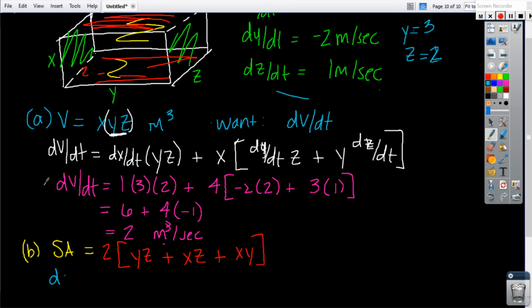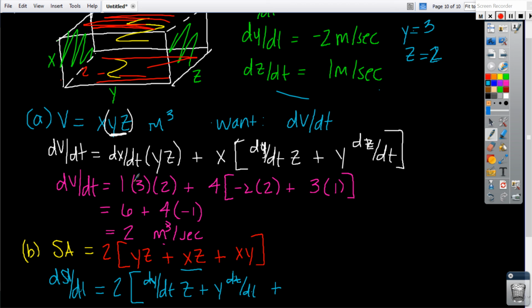So dS/dt, or dSA, however you want to do, is going to be equal to, because it's asking me how the surface area is changing over time, 2 times derivative of the first times the second plus the first times derivative of the second, plus, now go on to the second term here.